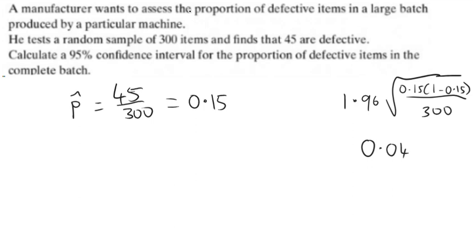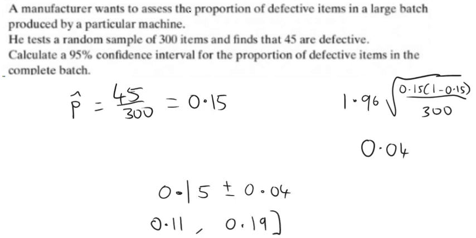So our confidence interval will be 0.15 plus or minus 0.04. So that would be 0.11 and 0.19. So that's between 11 and 19%.